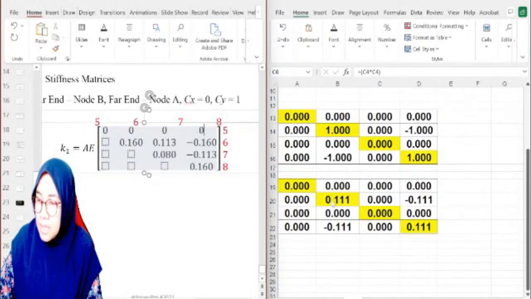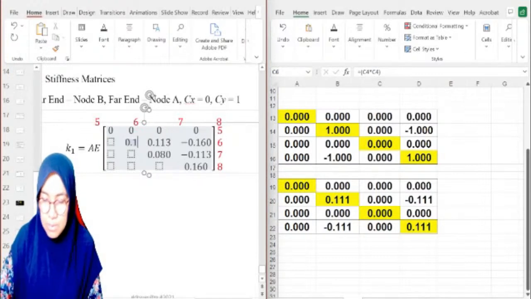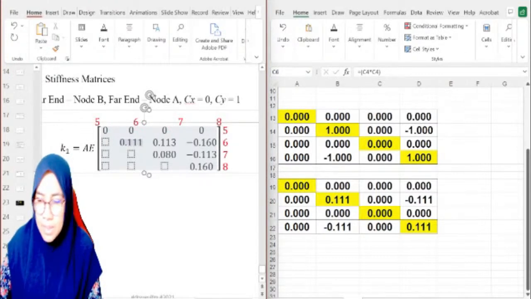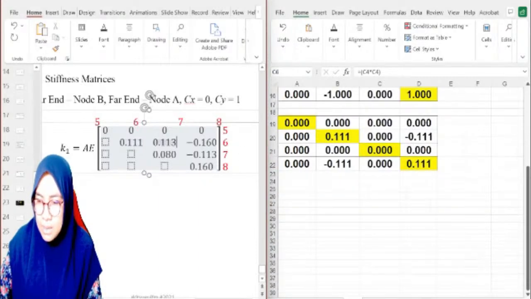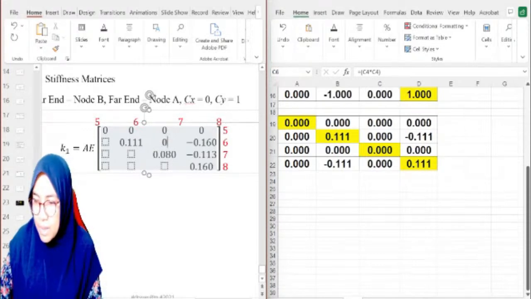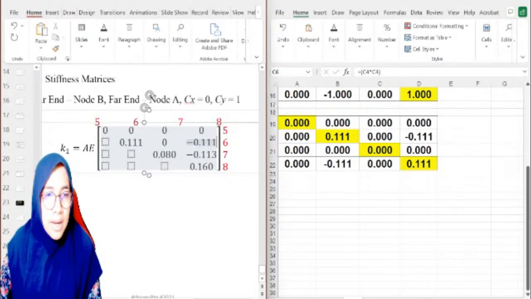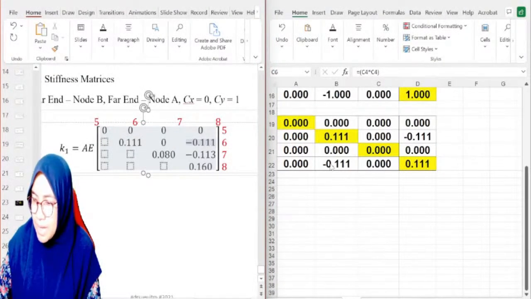And then we have 0.111, and then 0 again, and then negative 0.111, negative 0.111, and then 0.